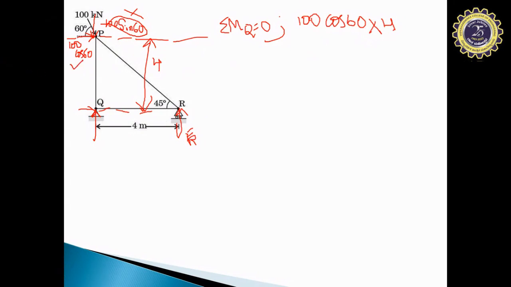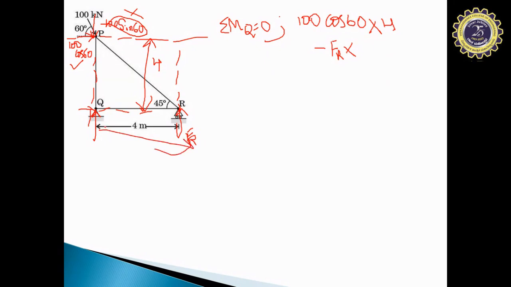Now you are left with F_R, that is the force at R. Look at the force R and keep your left finger at Q. You can see F_R is making an anti-clockwise rotation. That means the negative sign will be considered. So minus F_R multiplied by the distance, again the perpendicular distance between the force and Q, this distance.